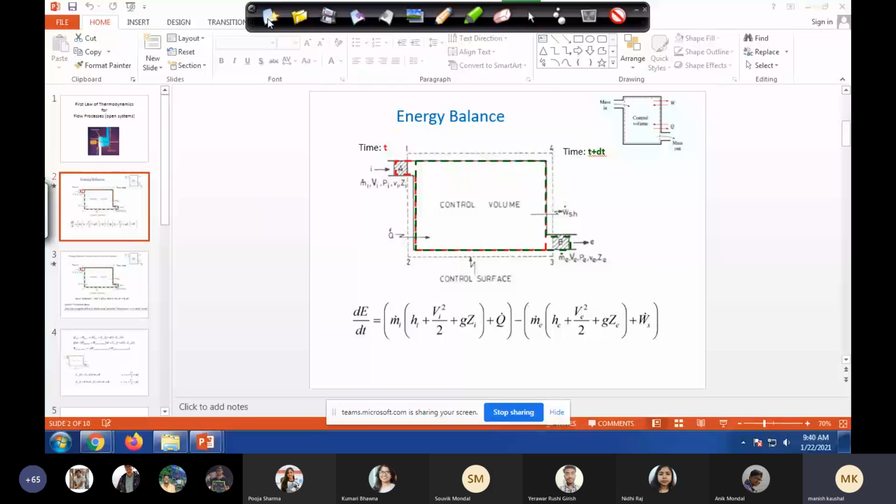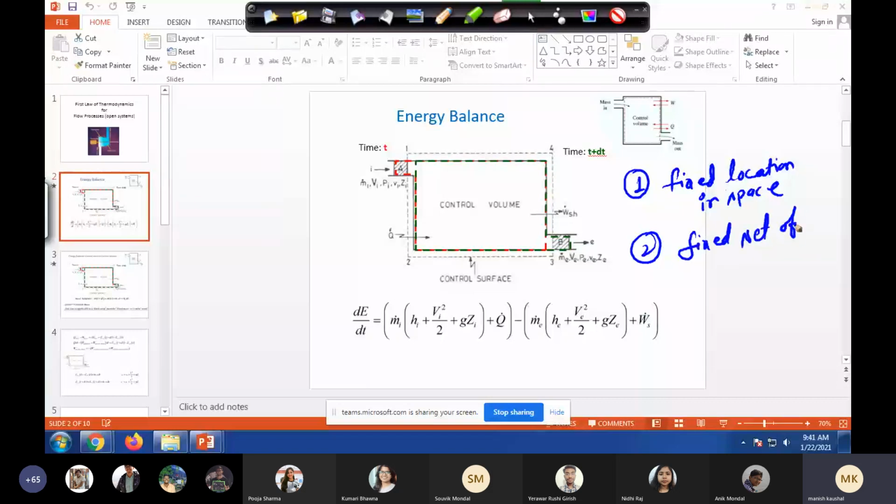Before we go to this flow process, just tell me from your intuition, maybe Tanay, Gaurav can tell me, what is easier for us as an engineer or as an experimentalist: either to analyze a fixed location in space, that is option 1, or option 2, a fixed set of particles or mass.